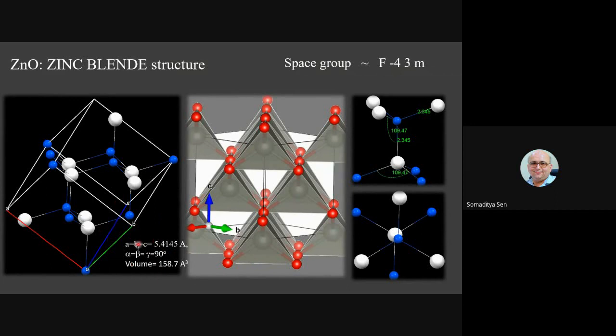All 3 axes lattice parameters are the same. You will notice that the bond lengths have also increased, to 2.345. But what is interesting is that all the angles are the same. There is no difference in the angles.